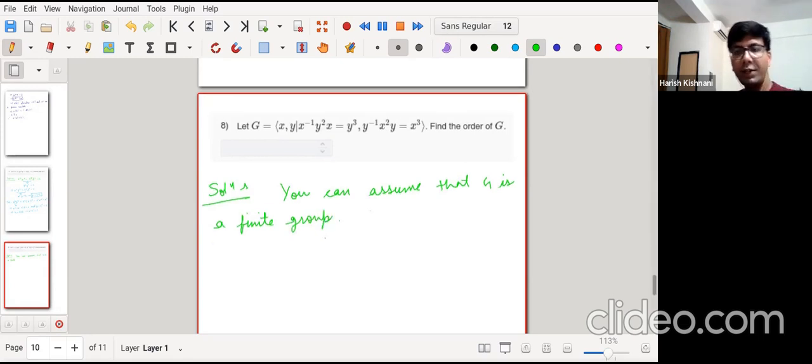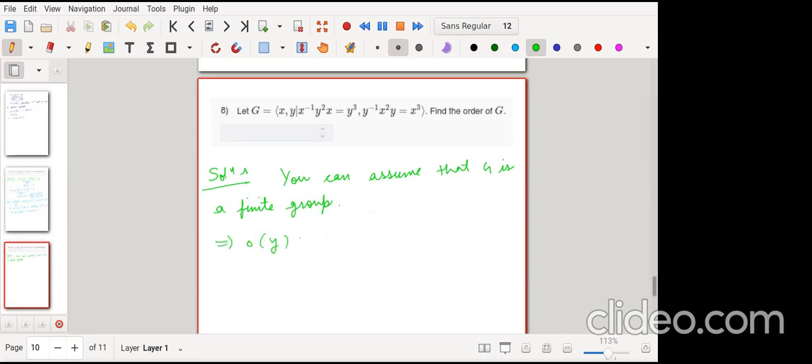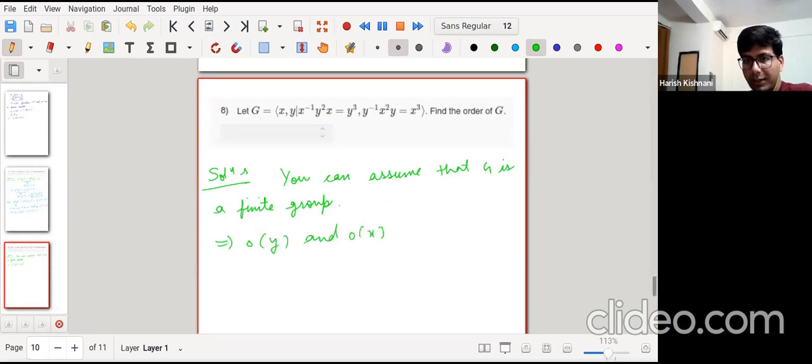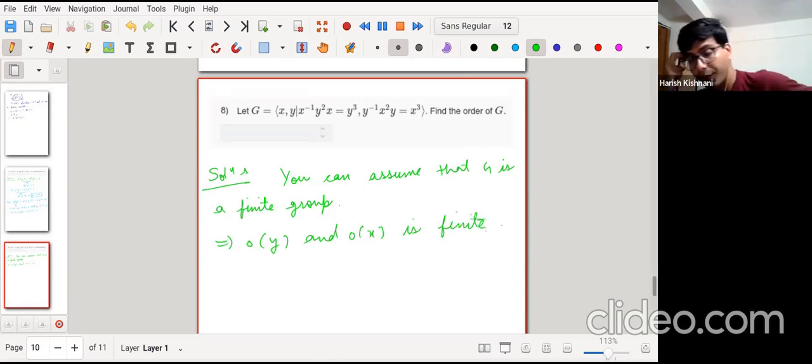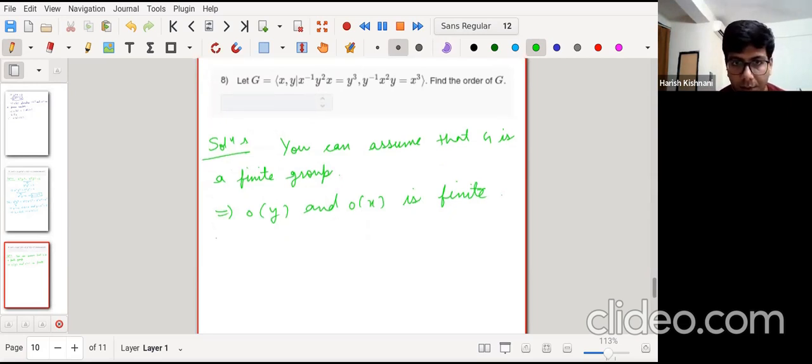Once you assume that G is a finite group, then all its elements have finite order, right? This implies the order of y and the order of x is finite. But you are given that y cube is x inverse y square x, right? What does this mean?